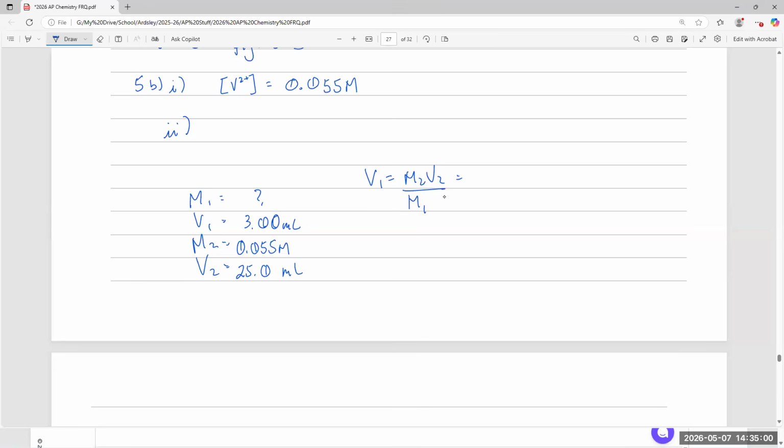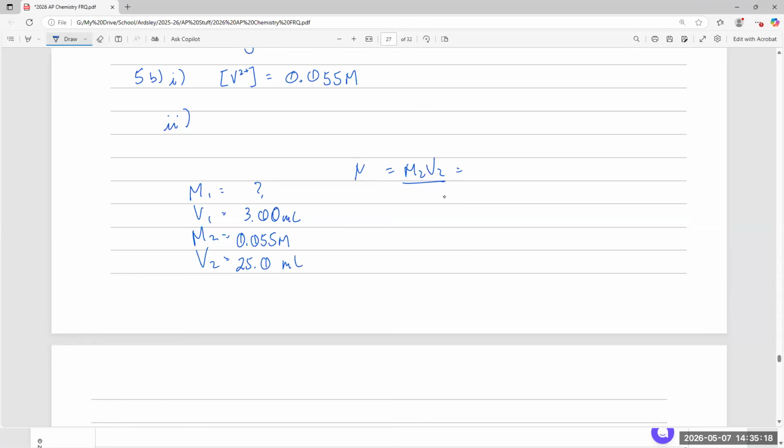We're solving for M1, not V1. It's a long day. So it's M1V1 equals M2V2, so move the V1 over to the other side. We got M2, 0.055 molar, times V2, which is 25.0 milliliters, all over 3.00 milliliters.